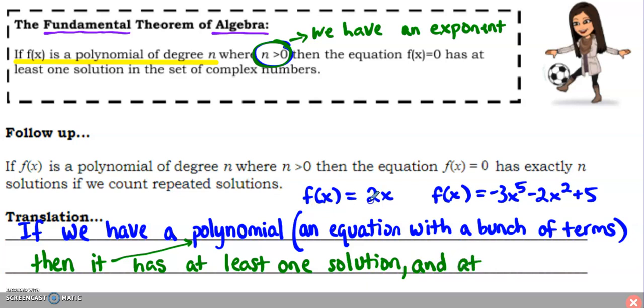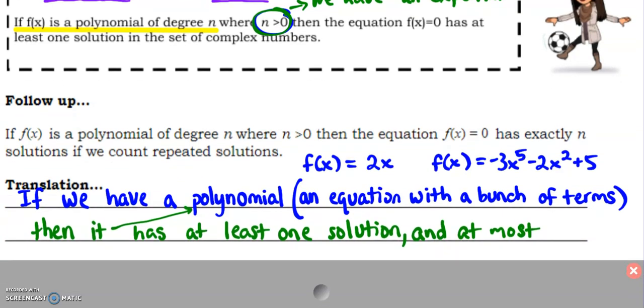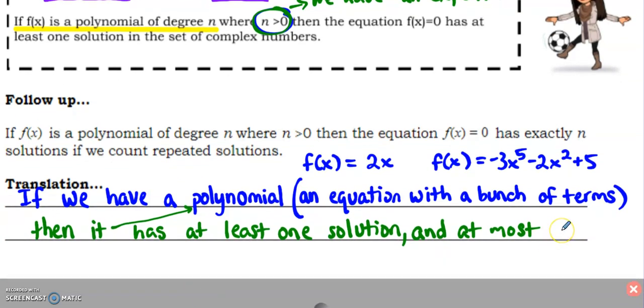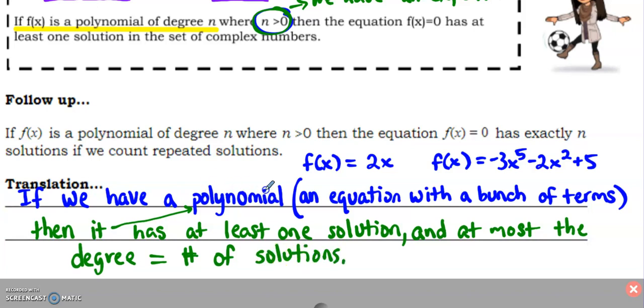and at most the same number of solutions as its degree. So at most, the degree equals the number of solutions. And in truth, on some level, you guys probably already knew that.